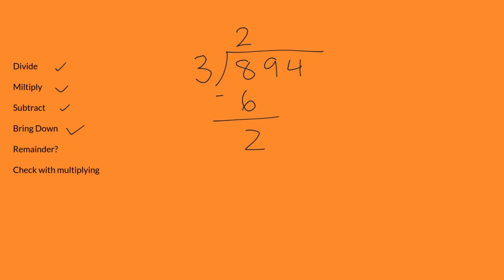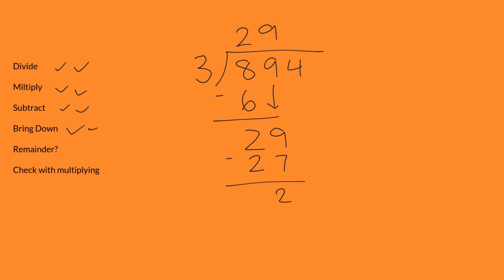Then we bring down 9. Now, how many times does 3 go into 29? And that is 9, because 9 times 3 is 27. Put my 9 here. Then I multiply. So I did my divide. Now I'm multiplying 9 times 3, which is 27. Then I'm subtracting, which is 2.